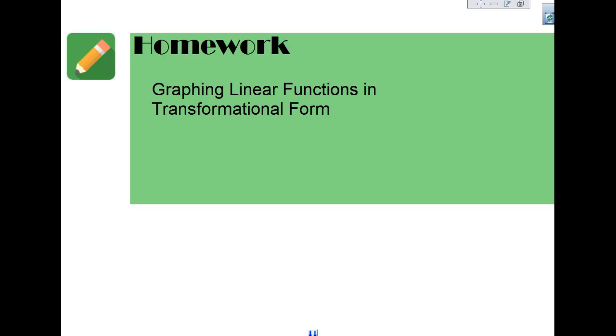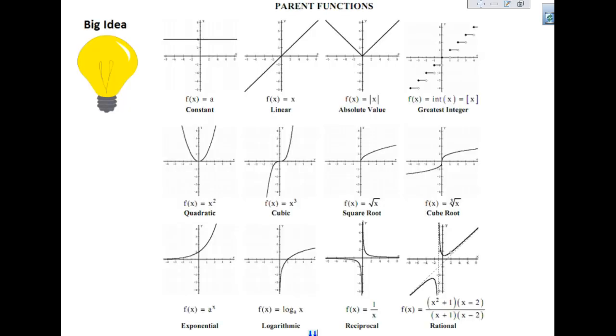Graphing in transformational form. There's slope-intercept form, there's standard form, there are different formats of writing equations. As you get higher into the mathematics, you'll find that there's a similar way we use to graph all of them.